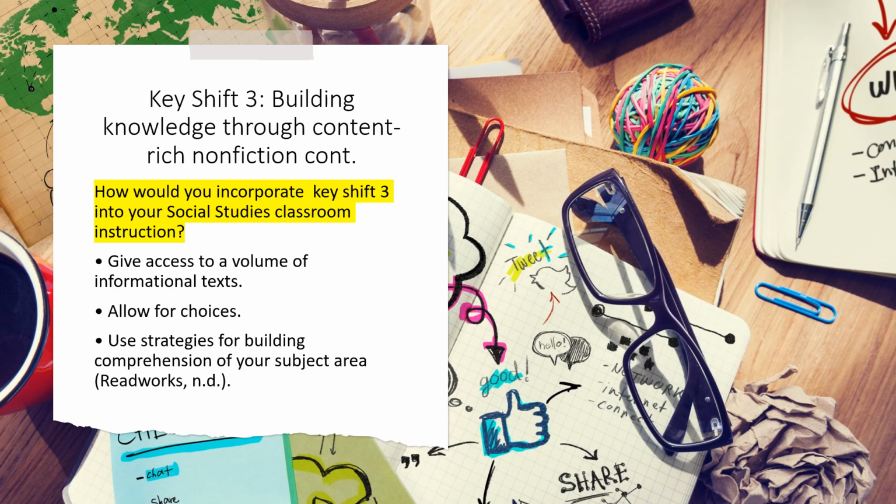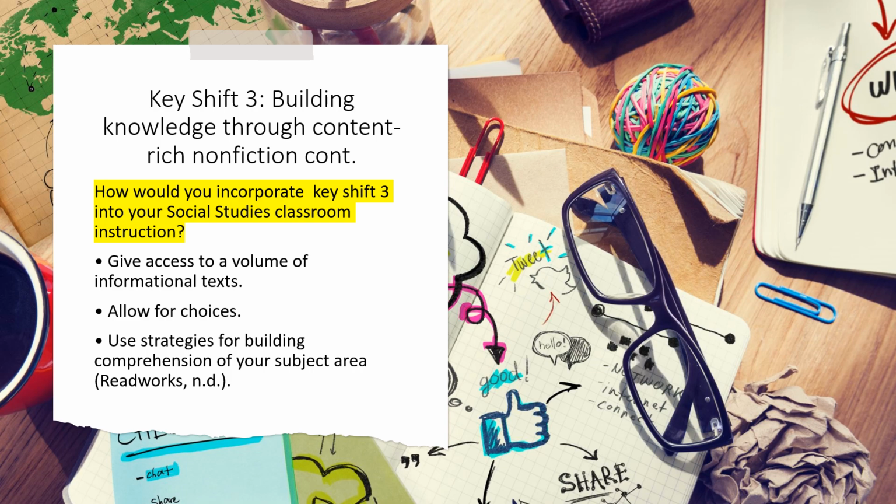So for Key Shift 3, building knowledge through content-rich nonfiction, how are we going to do this? What does this look like in the classroom? Well, we want to give access to a volume of informational text. This can be done through online platforms.